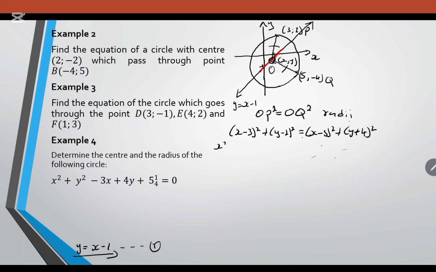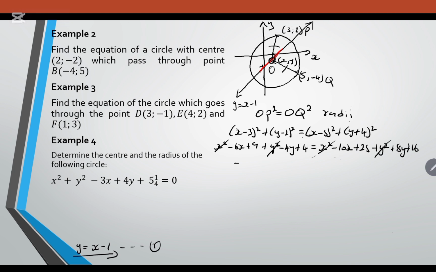So this is x squared minus 6x plus 9 plus y squared minus 4y plus 4 is equal to x squared minus 10x plus 25 plus y squared plus 8y plus 16. Now x squared minus x squared is 0, y squared minus y squared is 0.